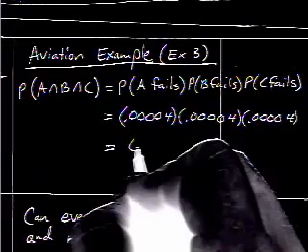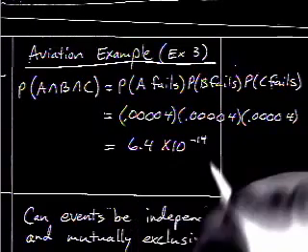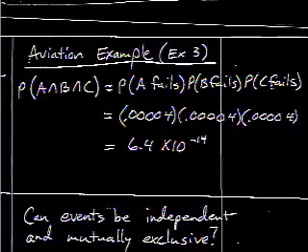Now, when you multiply that together, you get 6.4 times 10 to the negative 14th. That is so unlikely to happen that the most logical thing to say is, okay, something went wrong with the electrical system.